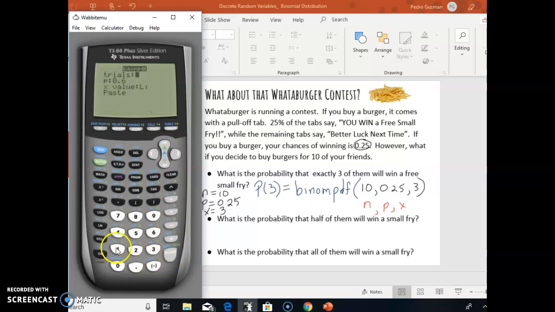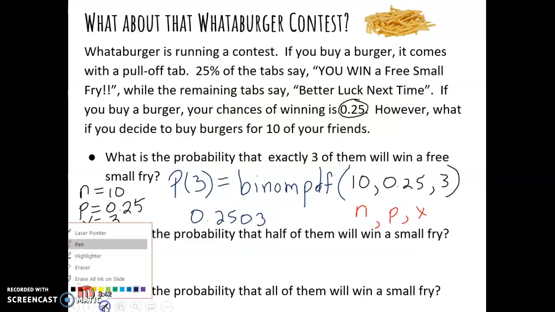The number of trials is 10, the probability of a success is 0.25, and the X value is 3, and we get 0.2503 when we round to 4 decimal places.